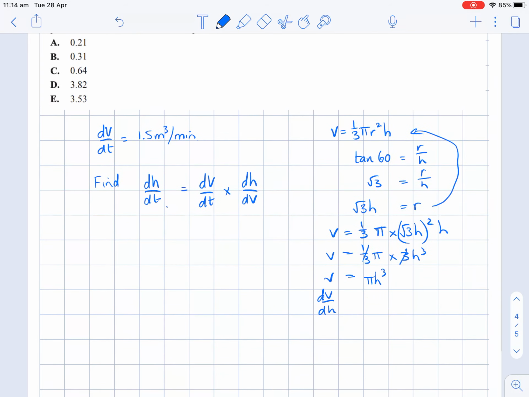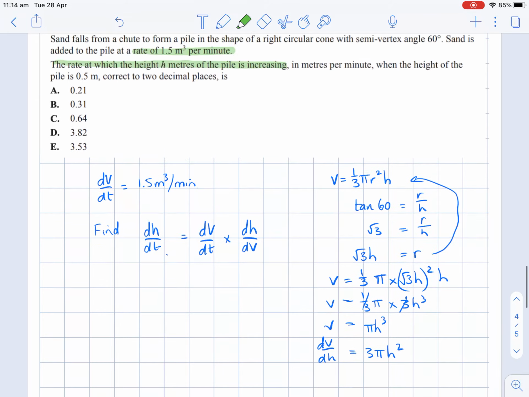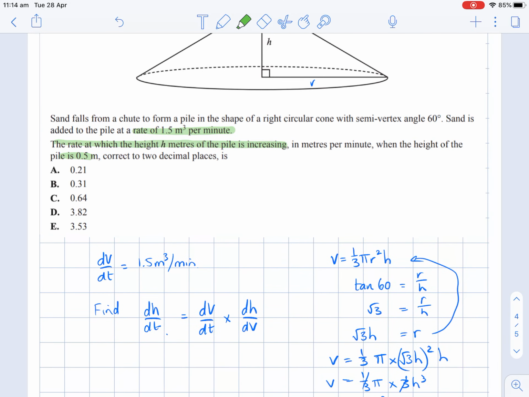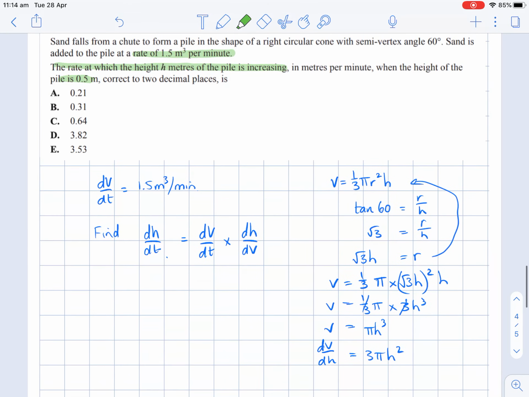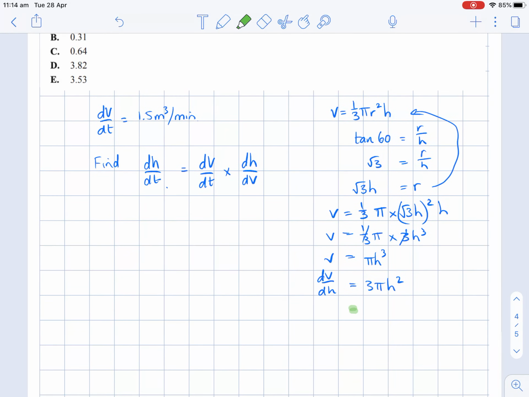So the derivative, dV/dh, equals 3 pi h squared, and the question tells me that I want to find this when the height is 0.5. So if I substitute in h as being 0.5, then I get 3/4 pi for dV/dh, and then that makes dh/dV equal to 4 on 3 pi.